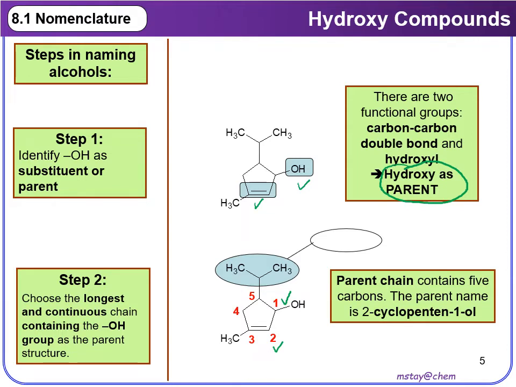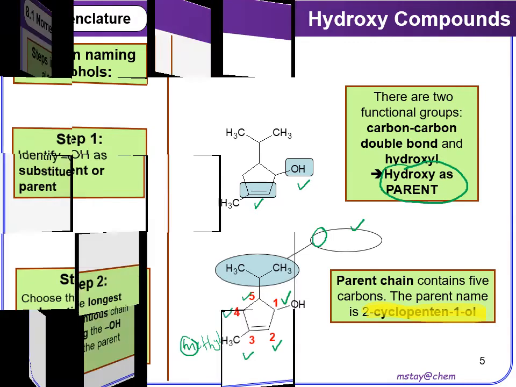Then we have 3-methyl, and 5-isopropyl. When we have two substituents here, we have to consider the alphabetical order. Just based on the parent, the name of this compound is 2-cyclopentene-1-ol.